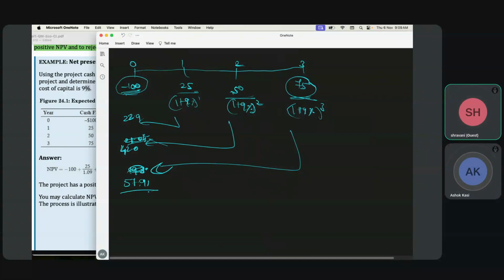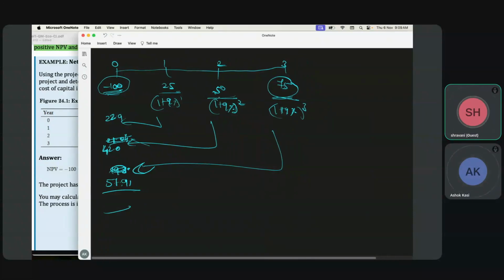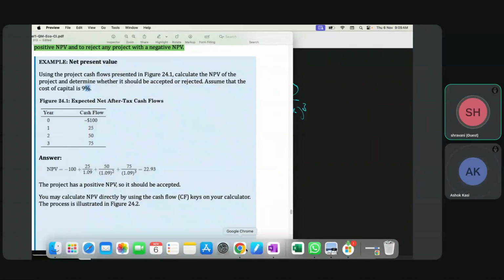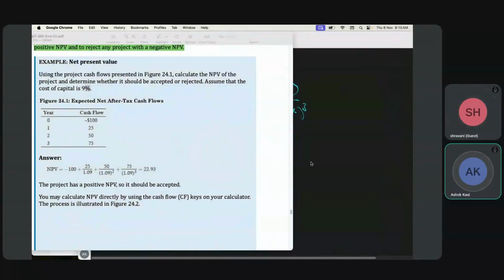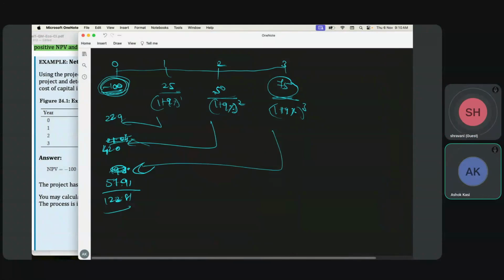Total is 122.8, and this is minus 100. So that comes to 22.81.